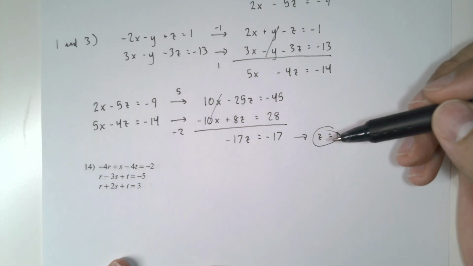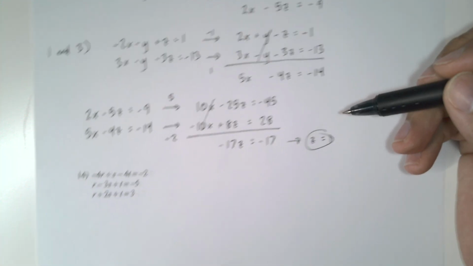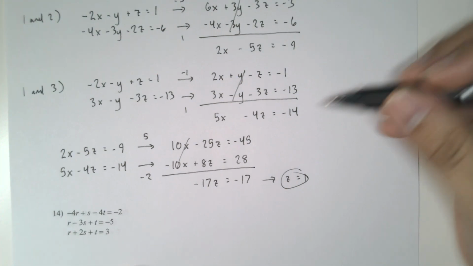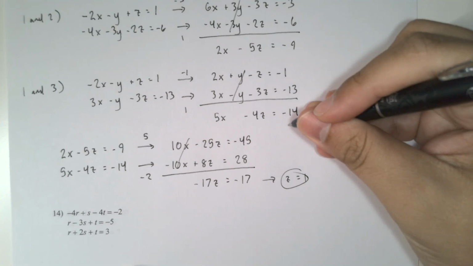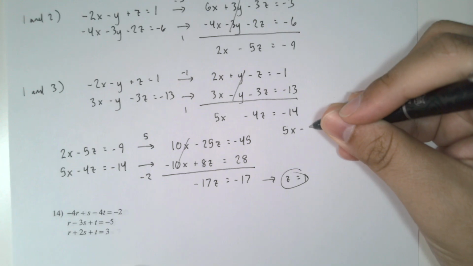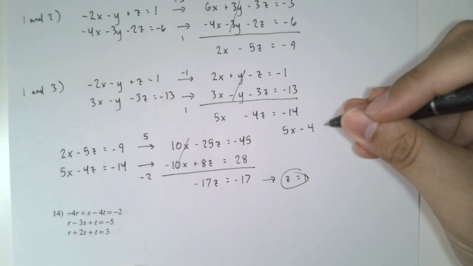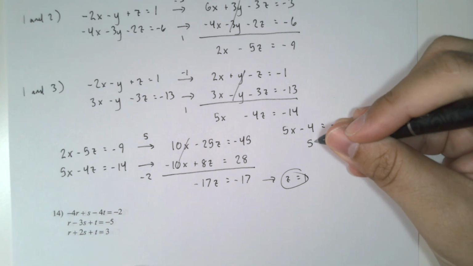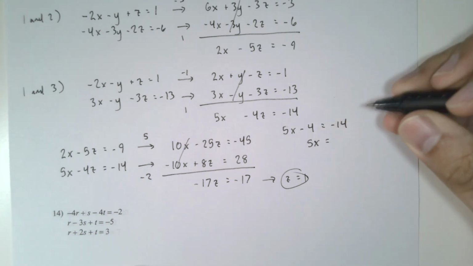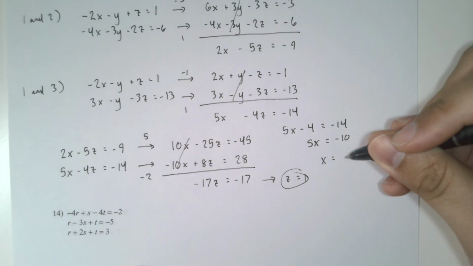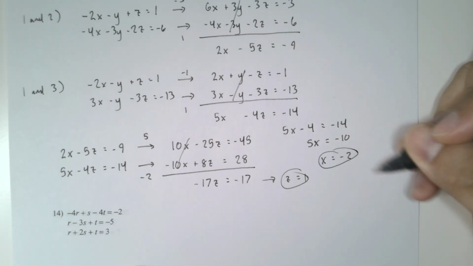So since z is equal to 1, we can now find x, and we can use any of the equations. This one, sure. So we have 5x minus 4 times 1 is equal to -14. Adding the 4 to both sides gives -10, and dividing by 5, x is going to be equal to -2.